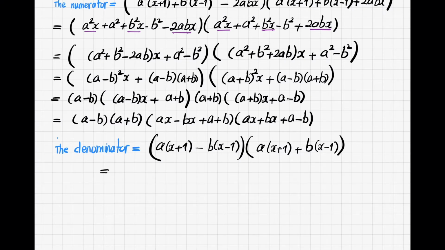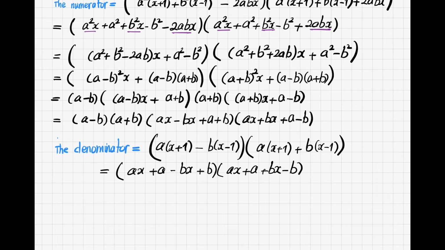So here I multiply this expression in, I multiply in this, and I also expand this, and I also expand that. So what I get is ax plus a minus bx plus b, and on the second one I will get ax plus a plus bx minus b.